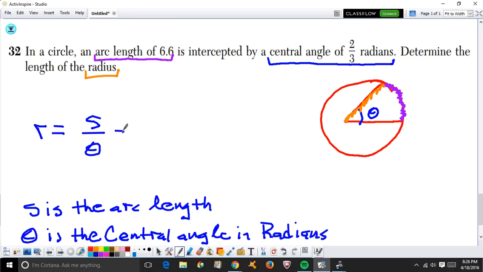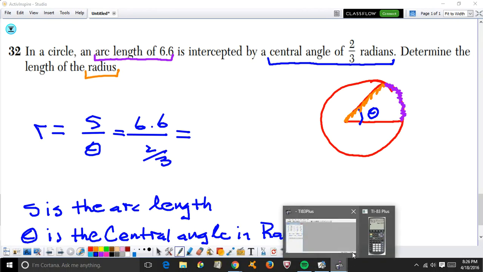So now we plug in our values. What is the arc length that we have? 6.6. We gotta divide it by the central angle. We gotta be careful that it's in radians. If the angle is not given in radians, you first need to convert it and then plug it in. In this case, we have it in radians, so we have 6.6 divided by 2.3.